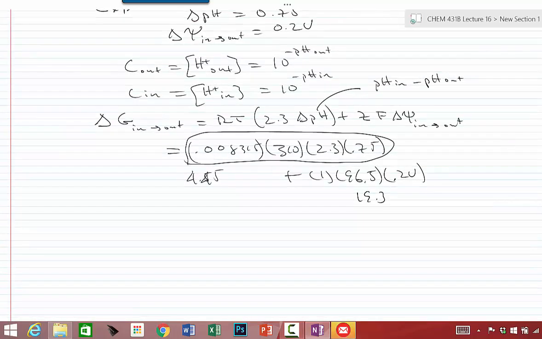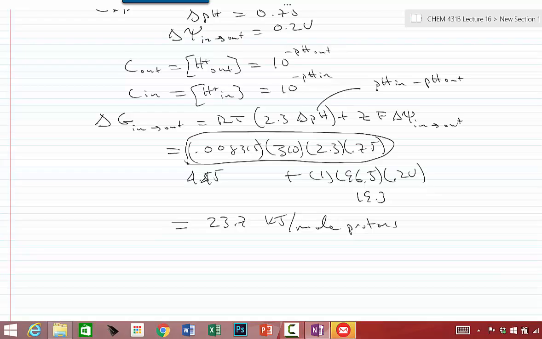Okay, so let's go ahead and add these up. If I add these up, what did we get? 23.76. Do I get a second? 23.75, okay. So 23.7 kilojoules per mole of protons, basically.